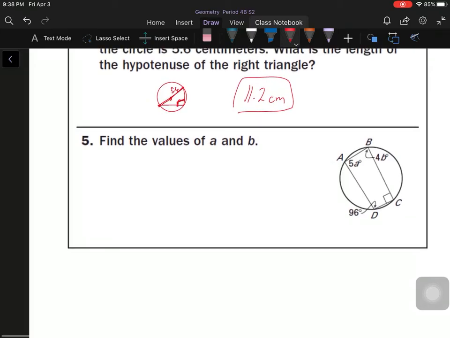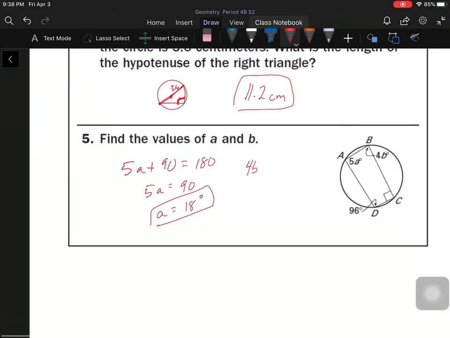Okay, and then the last one, find the values of A and B. So again, if we look at that previous theorem, opposite angles, 5A plus 90 has to equal 180. So 5A equals 90. So A equals 18.